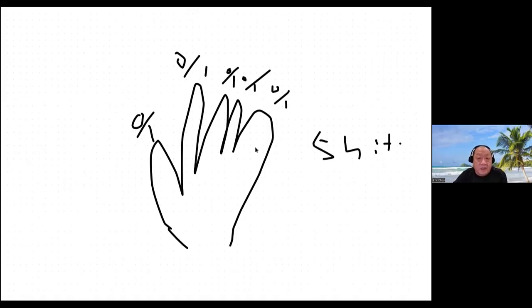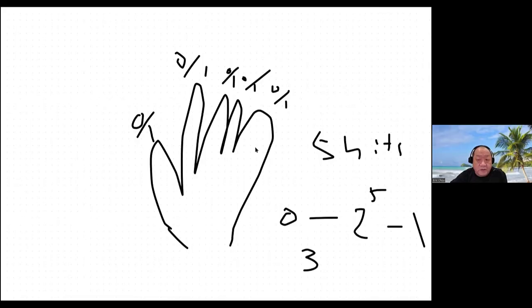Open means 1, close means 0, and then I can count from 0 up to 2 to the power 5 minus 1, totally 32 numbers. From 0 to 31, totally 32 numbers. Does that make sense? So one hand, one palm, how many numbers can I count? I can count 32 numbers.